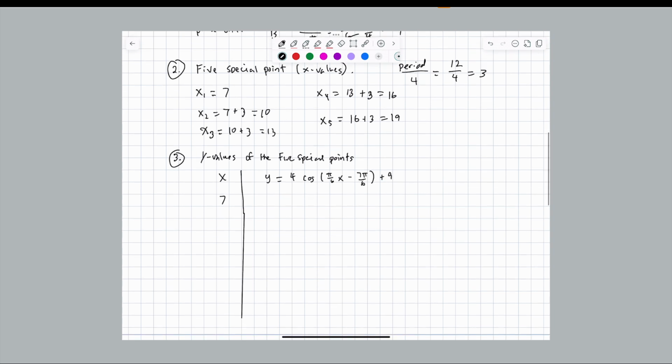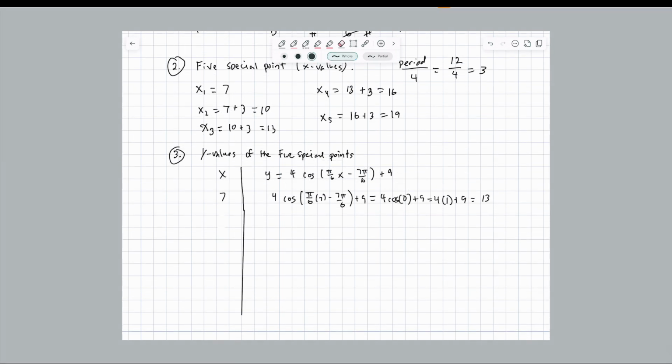So for the first one, we get 4 times cosine of pi over 6 times 7 minus 7 pi over 6. And so that's 7 pi over 6 minus 7 pi over 6, and so we get 4 times cosine of 0 plus 9. So we get 4 times 1 plus 9 to get 13.